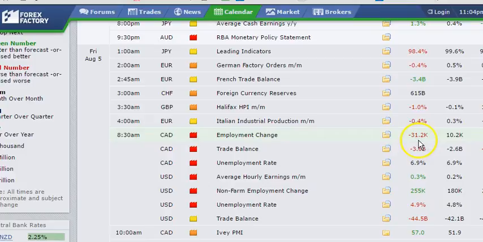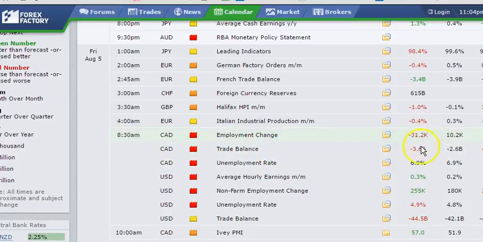We lost 31,000 jobs. You can see that where my pointer is right there. It had been forecast that we would gain 10,000 new jobs, but in fact we completely went the other way. We lost over 31,000, and the trade balance was also a negative position right here.